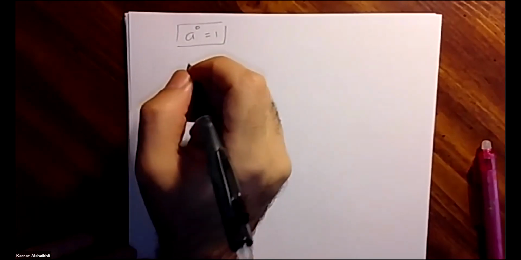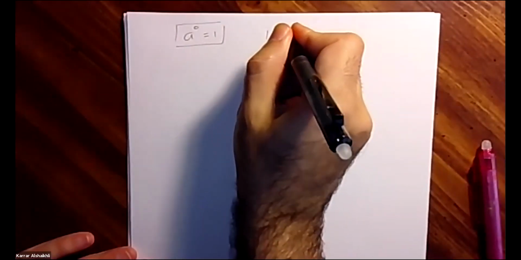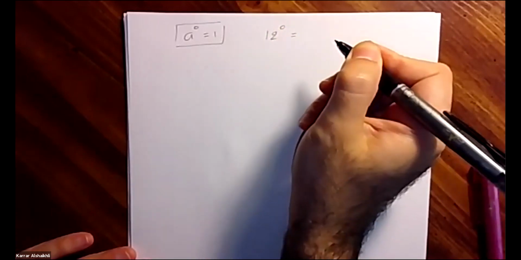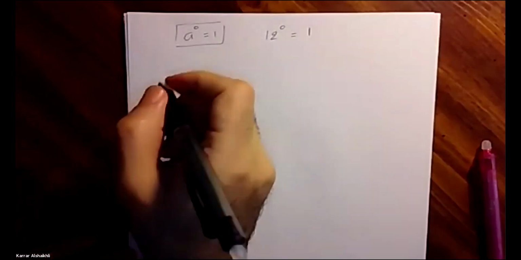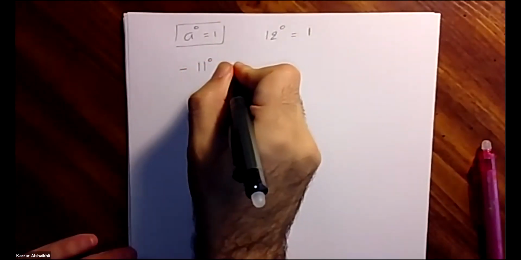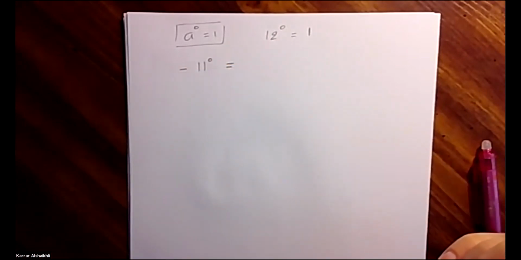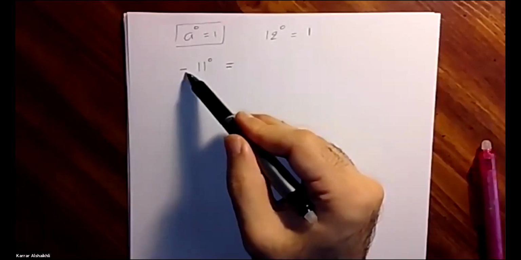So here is the example. 12 to the exponent 0 is going to be 1. I'm going to ask you, what about if we have negative 11 to the exponent 0? How much is going to be the result? 1. Okay, there is a negative sign here.